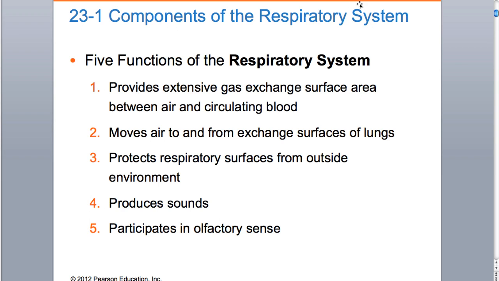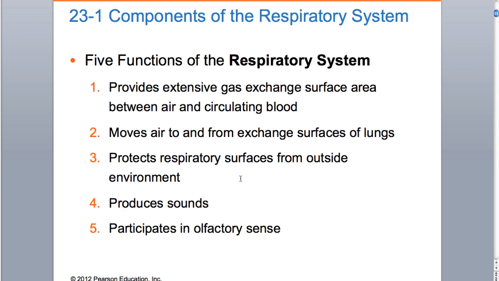Here we have the 5 functions. First, we see the utmost one that I've already talked about, and that is gas exchange between the air and the blood, and between the cells and the blood. And that's what these first 2 are going to relate to. The next one protects respiratory surfaces from the outside environment.